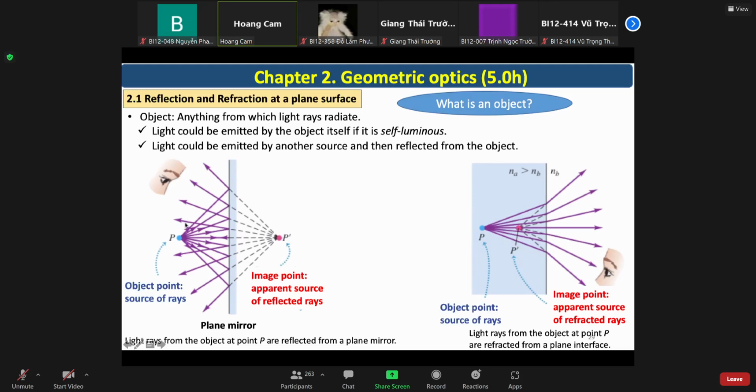Because Na is larger than Nb, P prime is closer to the surface than P here. And the refracted rays entering the eye look as though they had come from the image point P prime, which is how we observe the image.